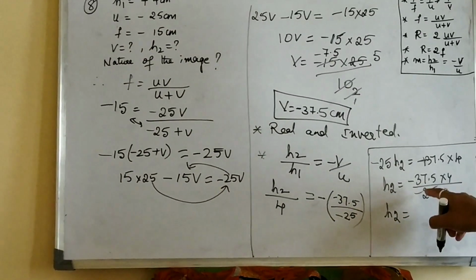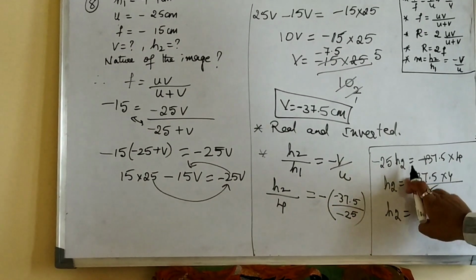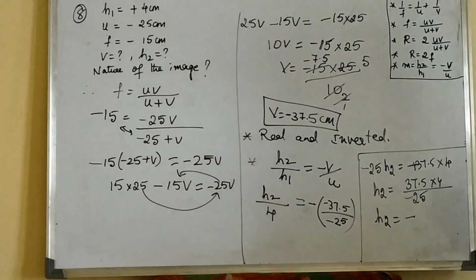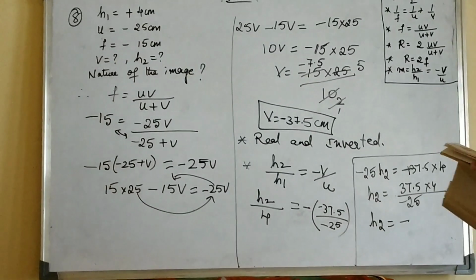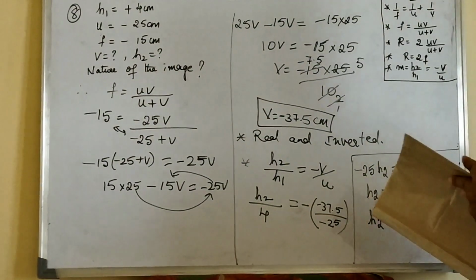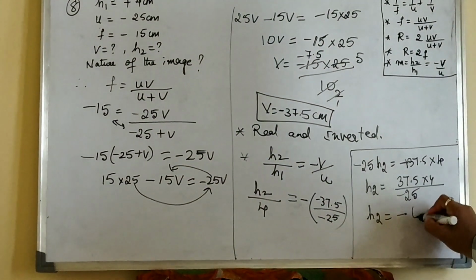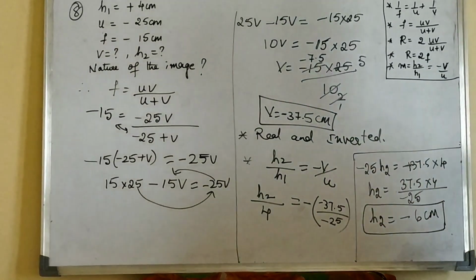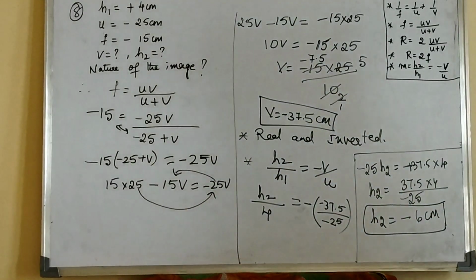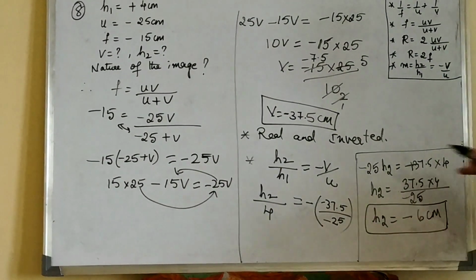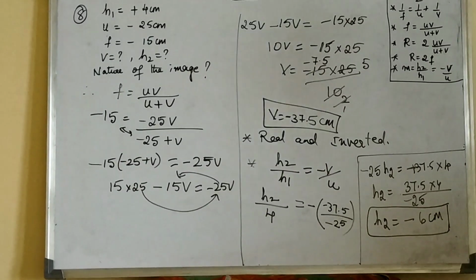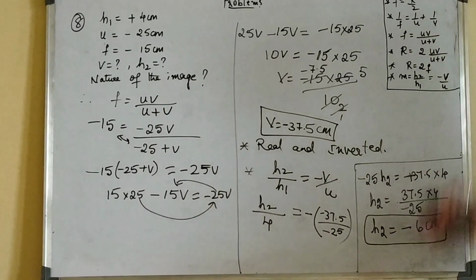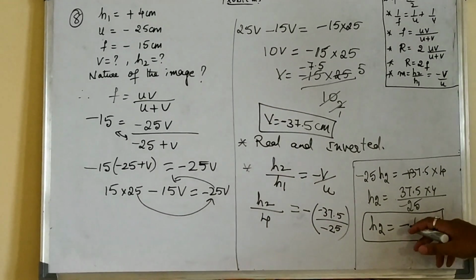So you will get plus divided by minus, so you will get minus. Upon simplification you will get h2 is equal to minus 6 centimeter. So this is the simplification. h2 is equal to minus 6 centimeter, that is the height of the image. Why? The negative sign indicates that the image is formed below the principal axis. That's why it is negative.